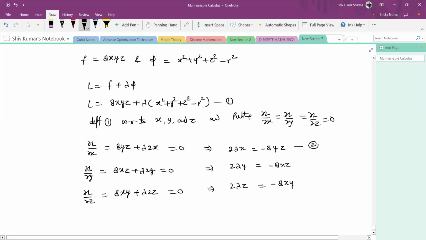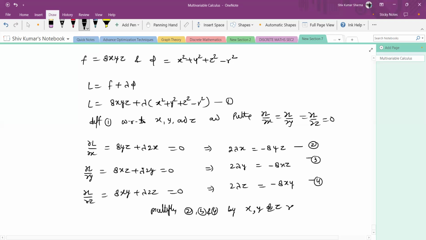We can call these equation number 2, equation number 3, and equation number 4. Now multiply 2, 3, and 4 by x, y, and z respectively.